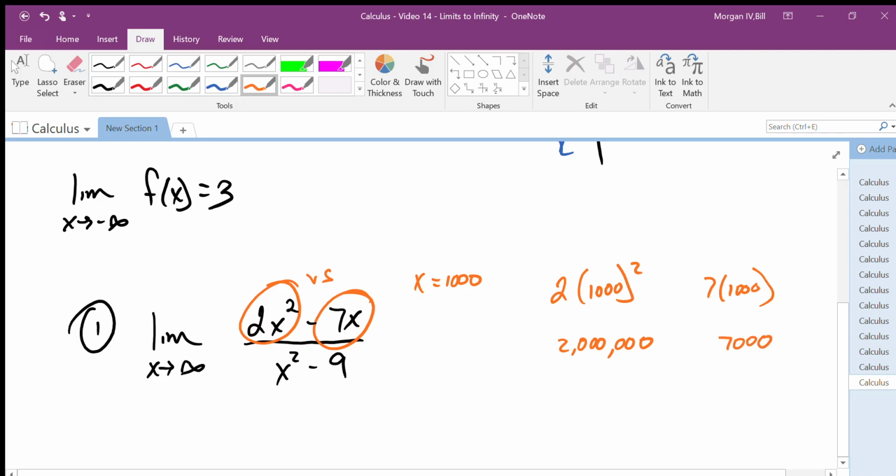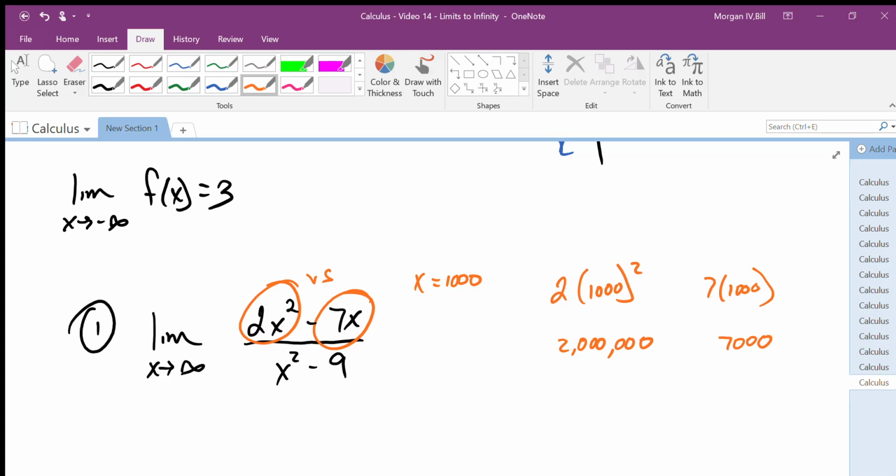As this x value gets even bigger and bigger, the difference between plugging 1,000 into 2x squared versus plugging 1,000 into 7x keeps getting bigger and bigger. In fact, 1,000 squared is 1,000 times bigger than 1,000. It's 1,000 times itself.